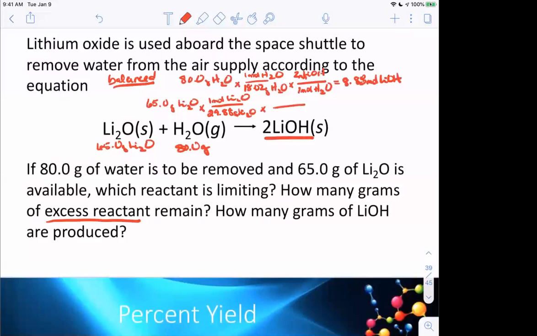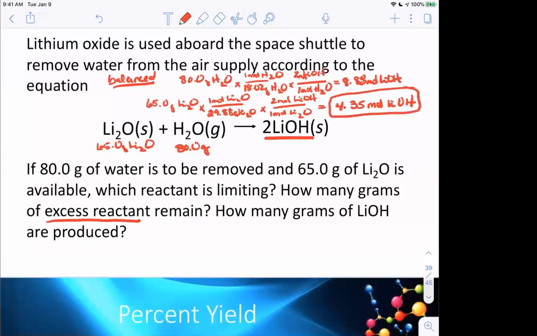And then for every 1 mole of Li2O, I can make 2 moles of LiOH. So 65 times 2 divided by 29.88. This can make 4.35 moles of LiOH. So I actually don't have enough lithium oxide to remove all 80 grams of water.